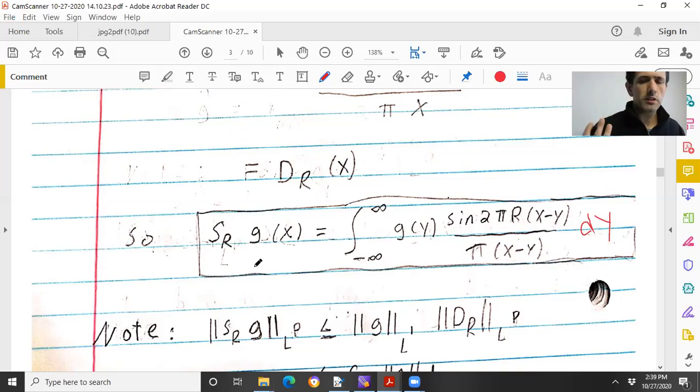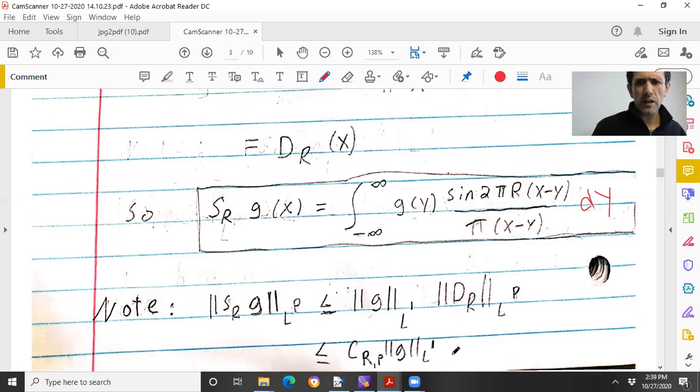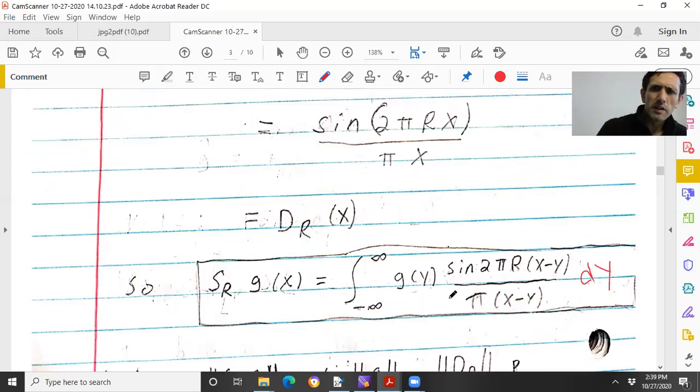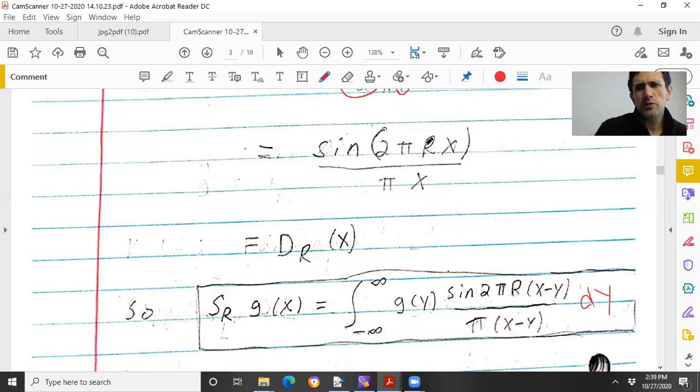Again, by Young's convolution inequality, we have the following here, and I'll leave it as an exercise to show that the L^p norm of this Dirichlet kernel for p bigger than 1 is bounded. It's finite. It's really not that hard. It's because it's a removable singularity near x equals 0.